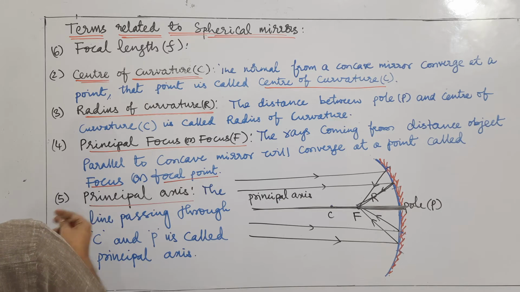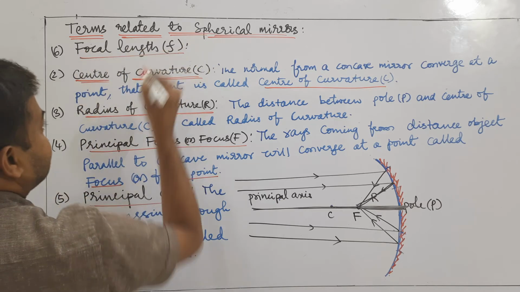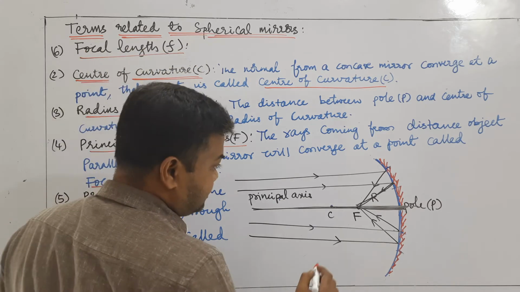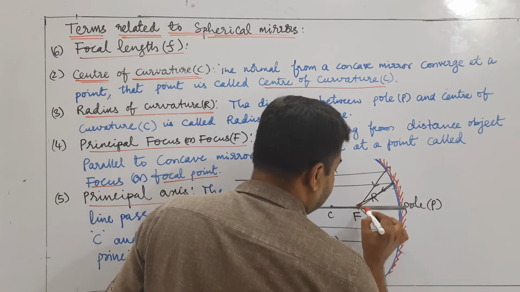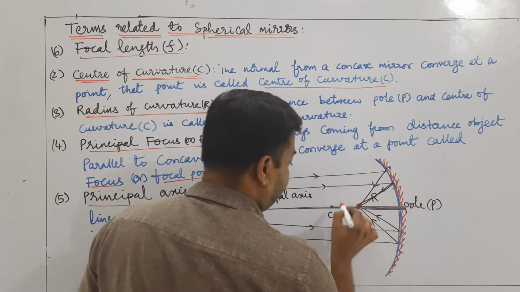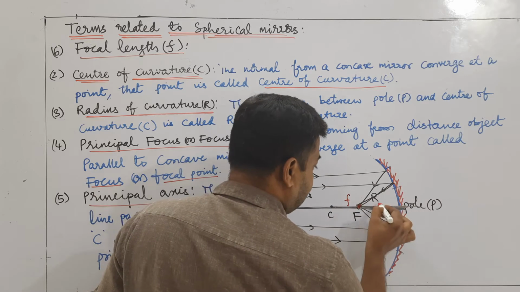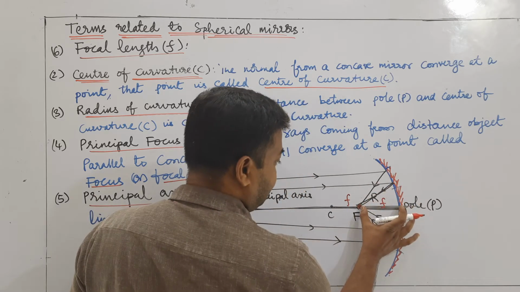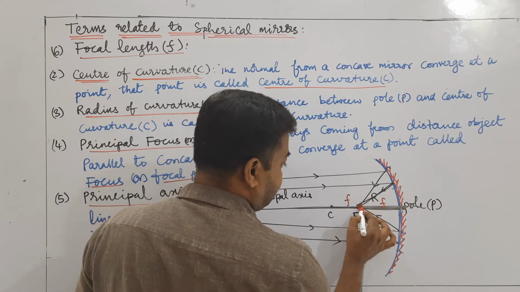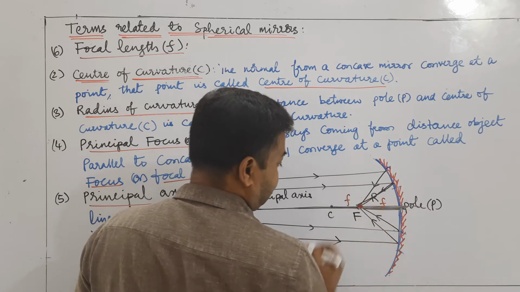And how do we define focal length? Focal length is the distance between C and F, or F and P, because you know this total is R.